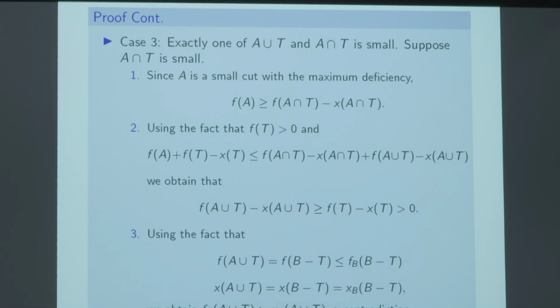Okay, so F of A union T is actually equal to F of B minus T, and this is less than or equal to FB of B minus T just by definition of FB, and X of A union T is again equal to XB of B minus T. This contradicts the fact that A union T is not a small cut, okay, and this gives you a contradiction.